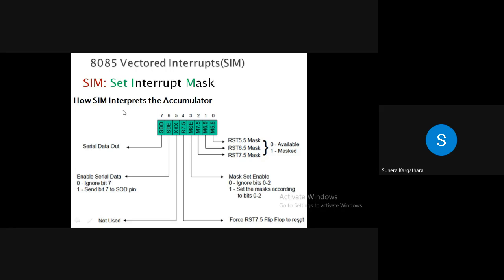As we know, why do we send an interrupt? To communicate with the microprocessor. Whenever any peripheral device wants to communicate with the microprocessor, two possibilities are there.